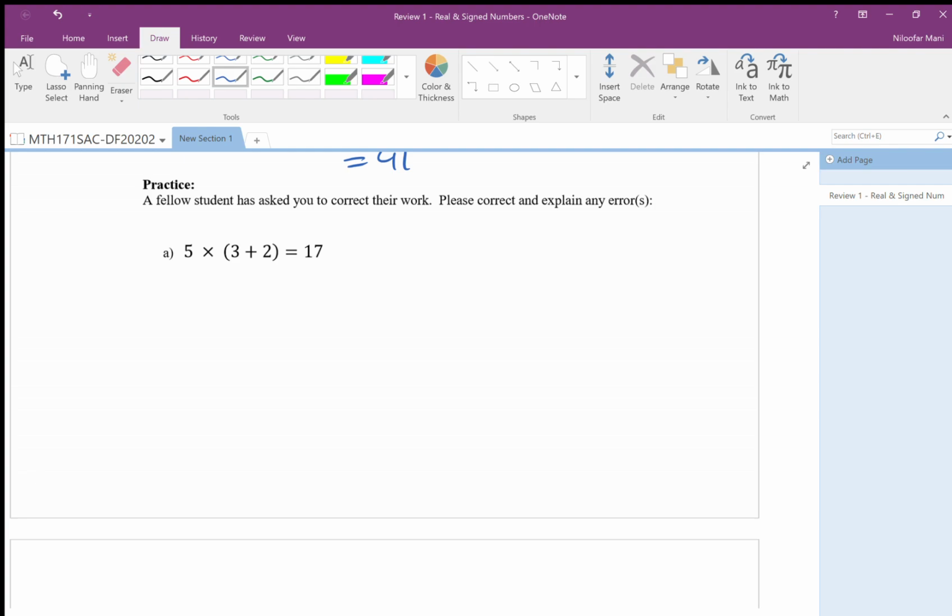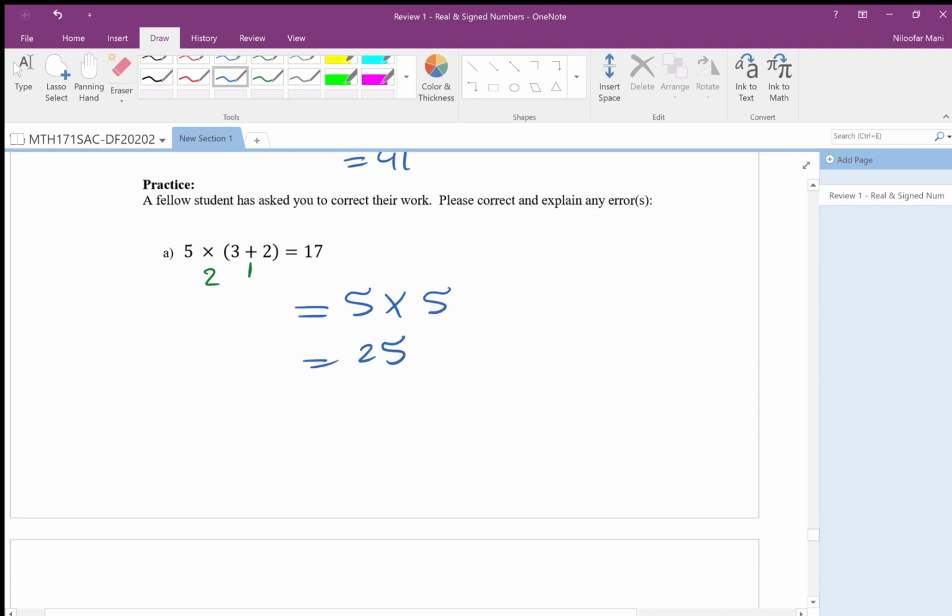So for example, a fellow student has asked you to correct their work. You are working with each other and helping each other, and you want to see, okay, is the answer 17? I would say this is 1 and this is 2. So the answer is 5 times 5, which is 25.